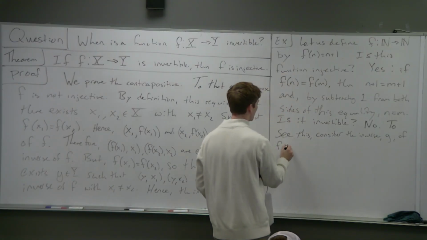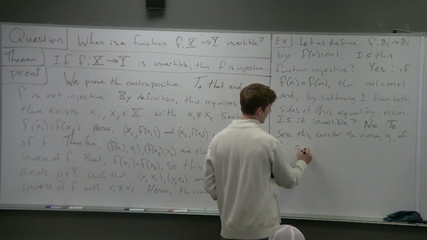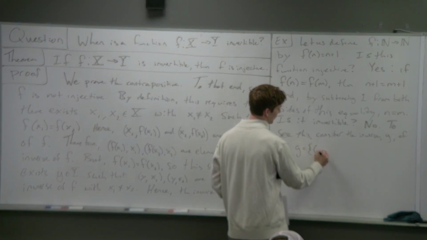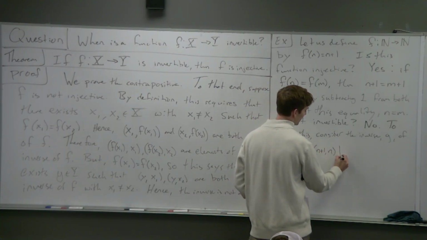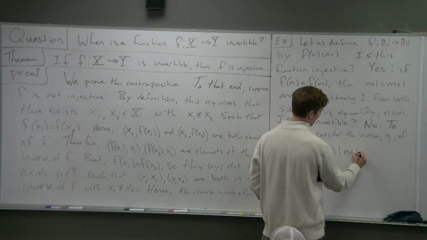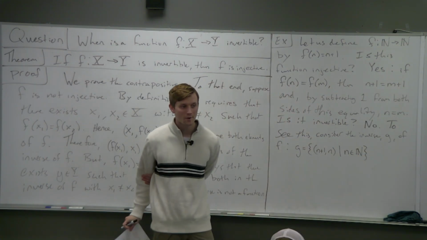Let's consider the inverse. Let's call it G. That is, G is just the set of ordered pairs (n plus 1, n), such that n is in the naturals, right?